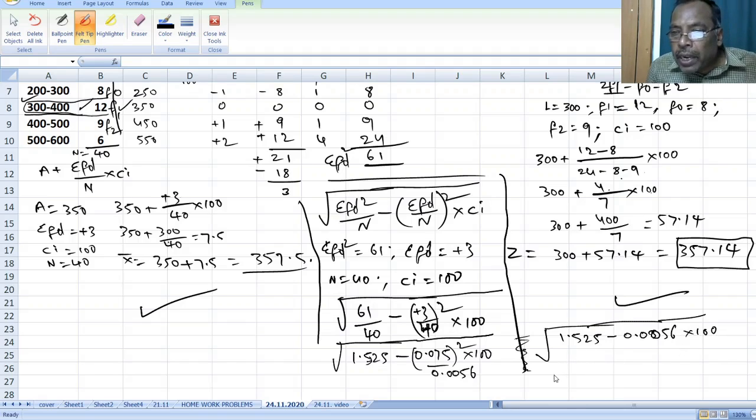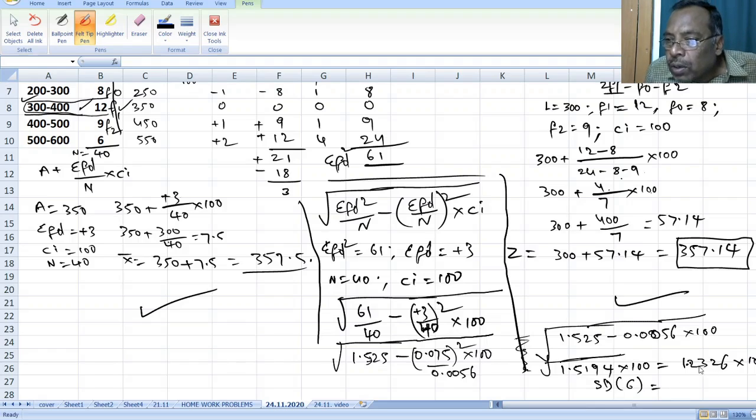When you subtract 0.0056 from 1.525, you get 1.5194. The square root of this is 1.2326. You have to multiply it by 100. So the standard deviation, sigma, is equal to 123.26. This is the value.